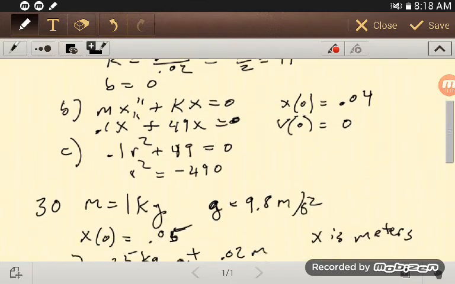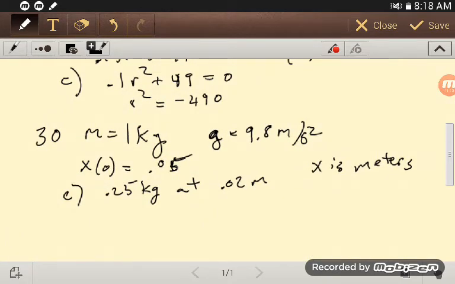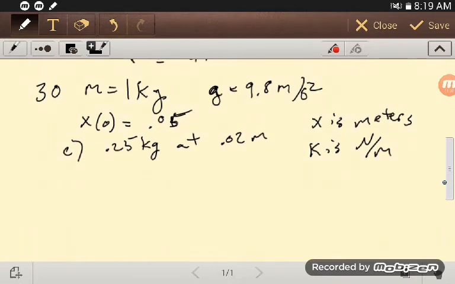So one way to look at it is that K is newtons per meter, like that. And so when you put x times k, you should get newtons, or kilograms meters per second squared. Well, so then that's the same thing. If you have x prime, that's meters per second.